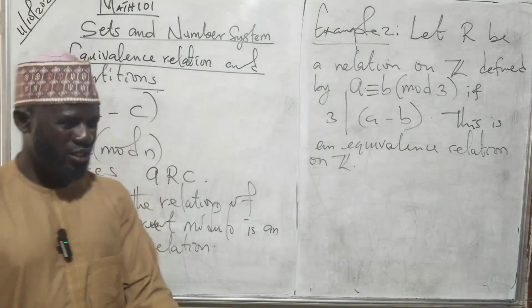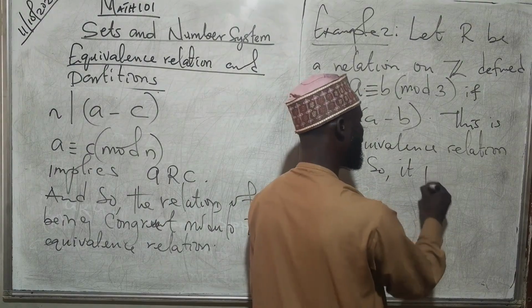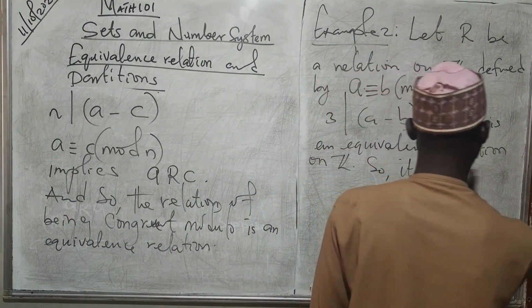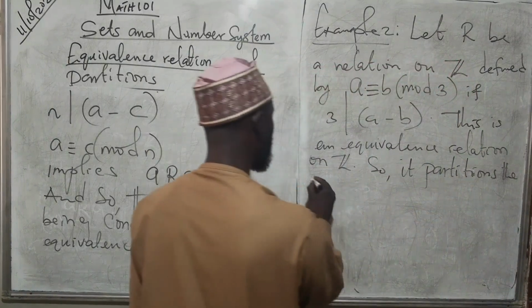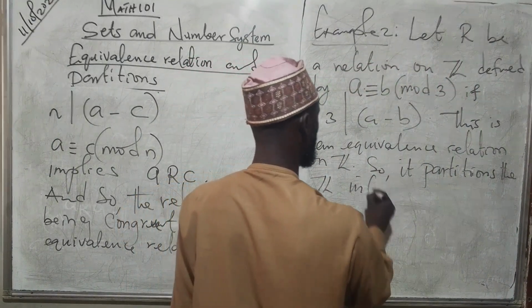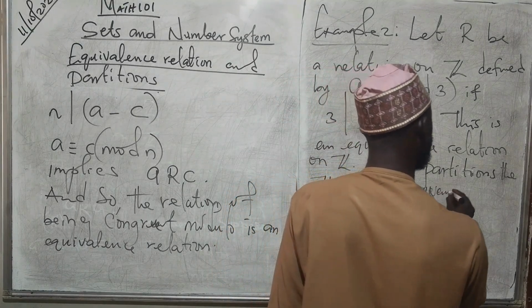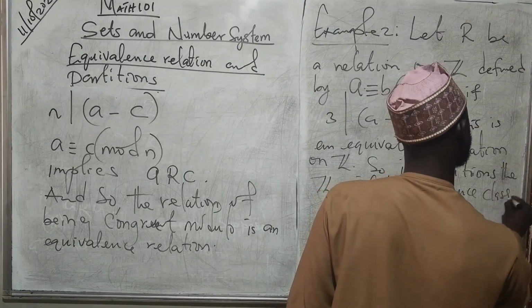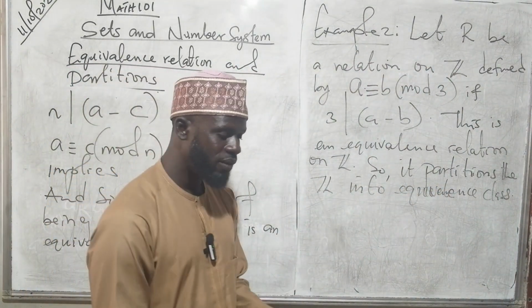And what does it do? So it partitions the set of integers, Z, into equivalence classes. How many equivalence classes? 3 equivalence classes.